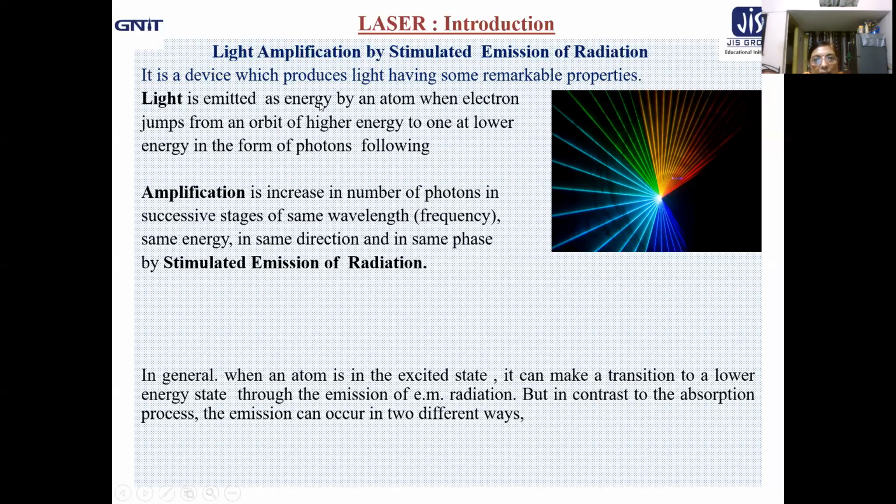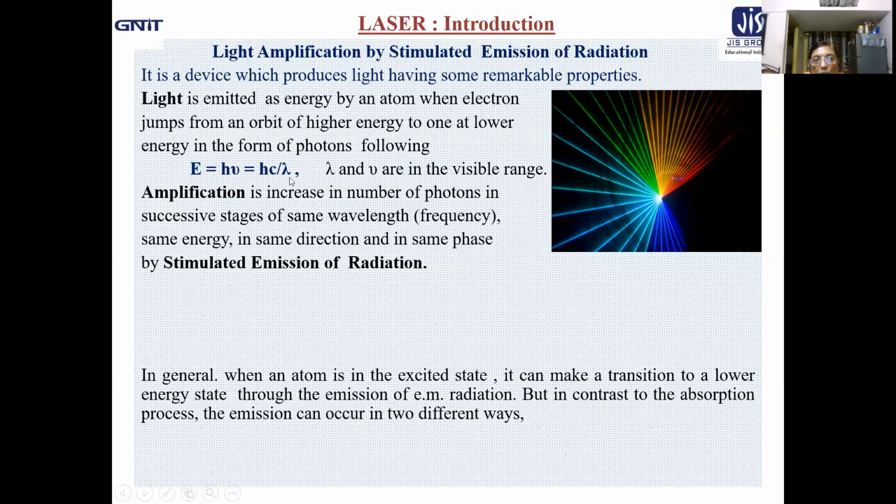Light is emitted as energy by an atom when an electron jumps from an orbit of higher energy to one at lower energy, in the form of photons, following E equal to h nu, the very famous Planck's law, equal to hc by lambda, where E is the energy of the photon emitted, h is Planck's constant, nu is the frequency of radiation, and c is the velocity of light in free space.